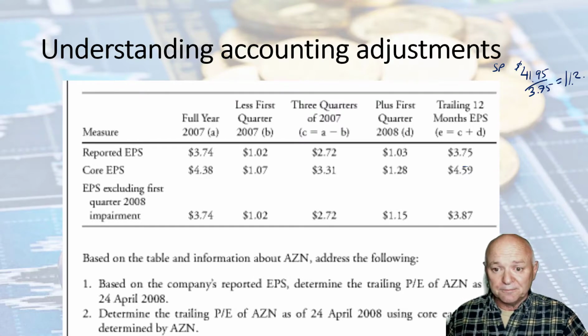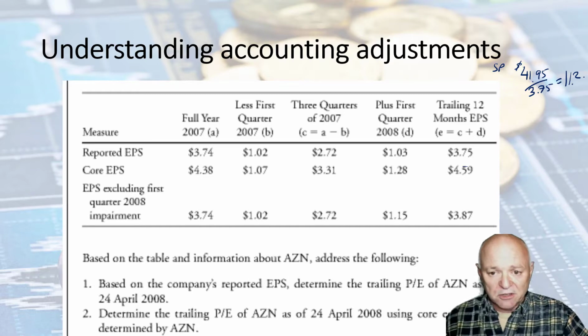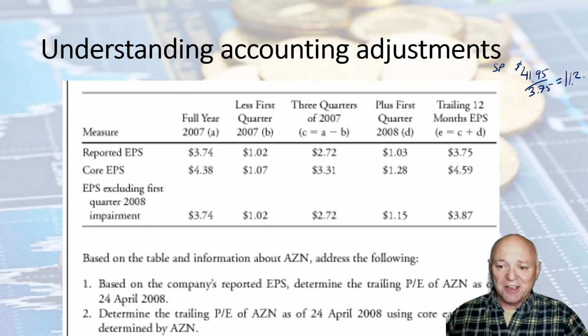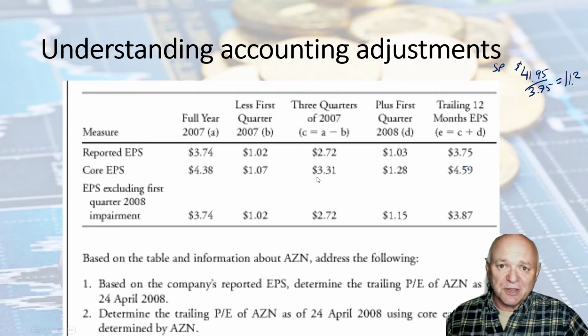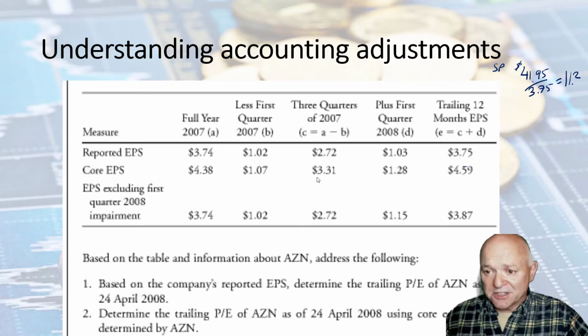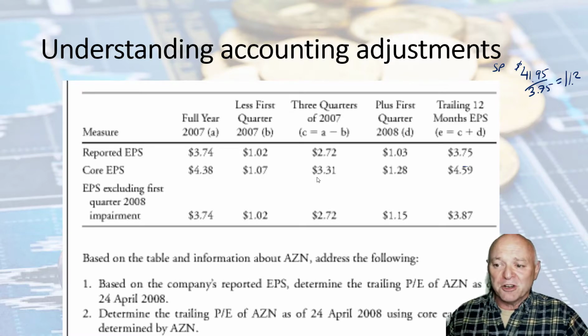We subtract the first quarter earnings per share information, and that gives us 331 for the 3 quarters of 2007 that count. We add to that the $1.28 that they have for first quarter, and that gives us 459. So 459, the price over earnings per share.